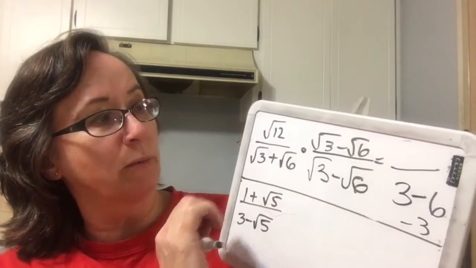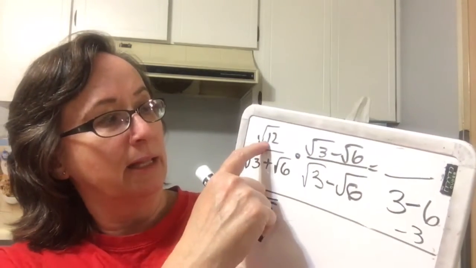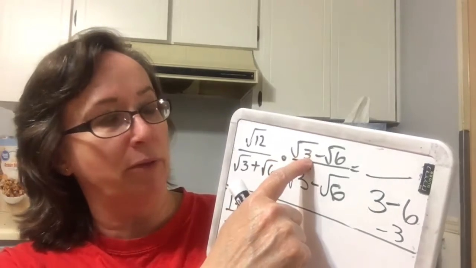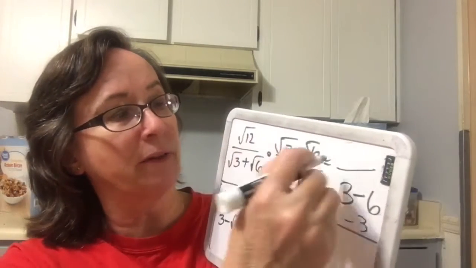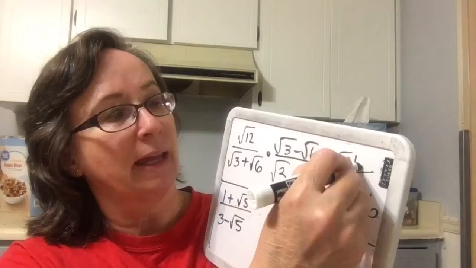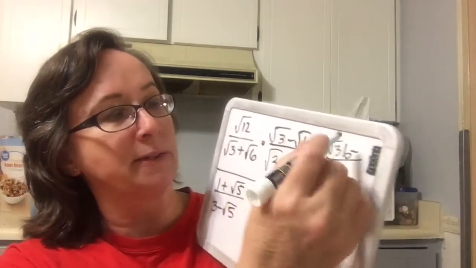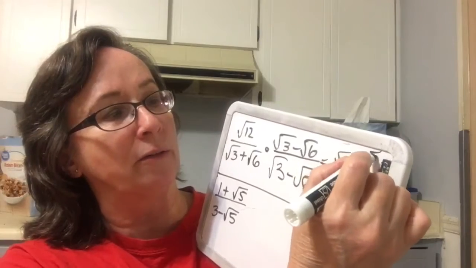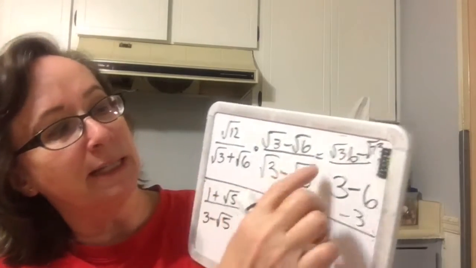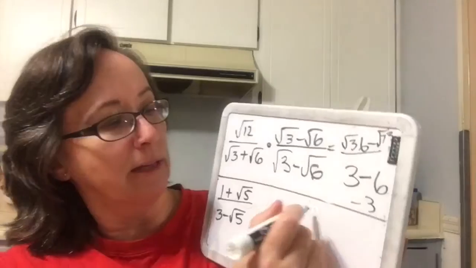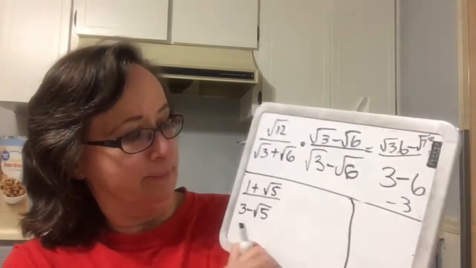And the numerator, we're going to end up with the square root of 12 times the square root of 3, which is the square root of 36, and then minus the square root of 12 times the square root of 6, which is the square root of 72. So we do need to simplify this some.